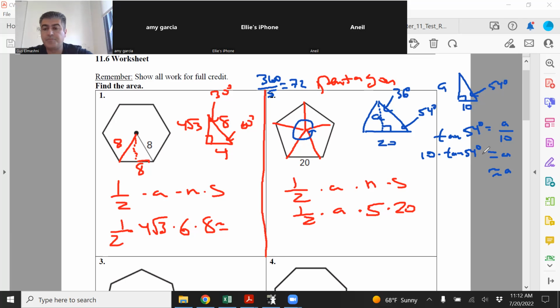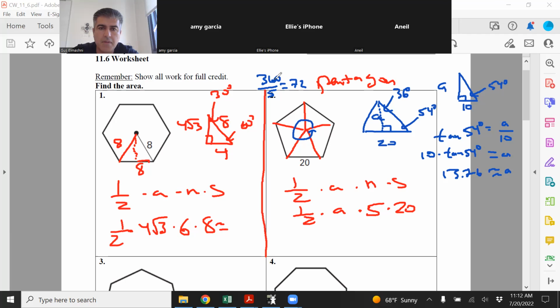And then you have to work that out. So it does require a little bit of extra work and using some previous skills. So it's 13.76. So 1/2 times 5 times 20 times that, you get 688.19. Yeah, that's it.